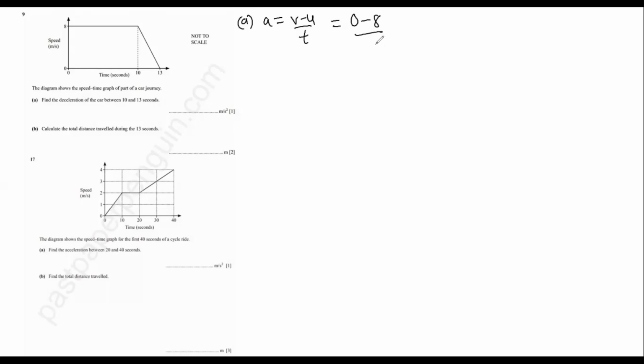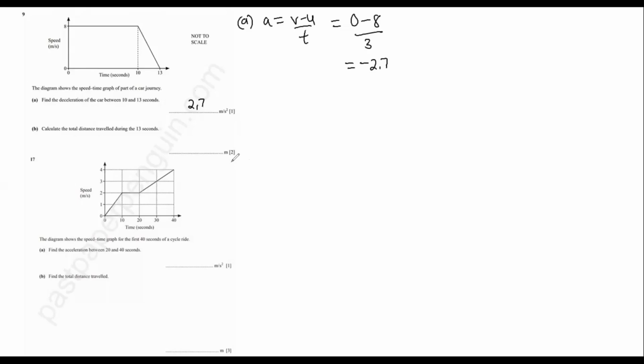Time is 13 minus 10, which is 3. We get negative 2.7. If they say deceleration, we don't write the negative, so the deceleration is 2.7 meters per second squared.